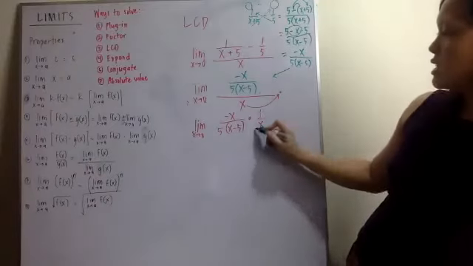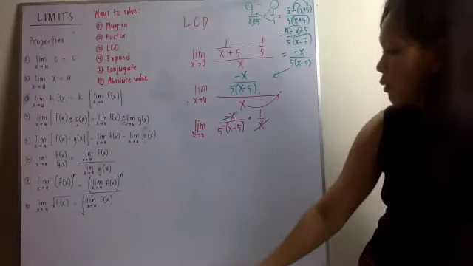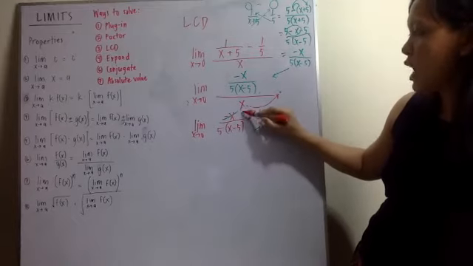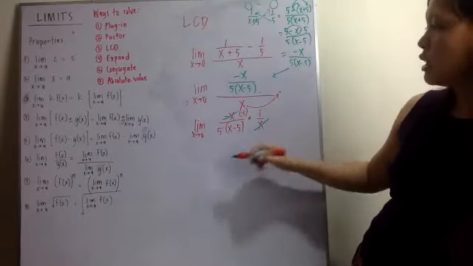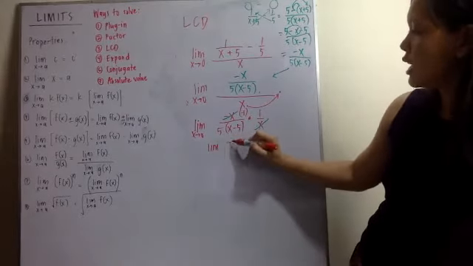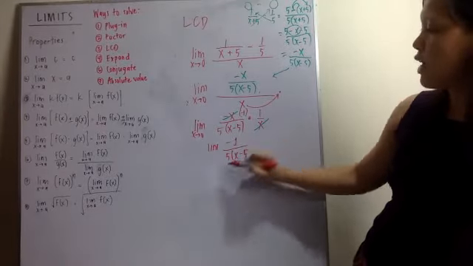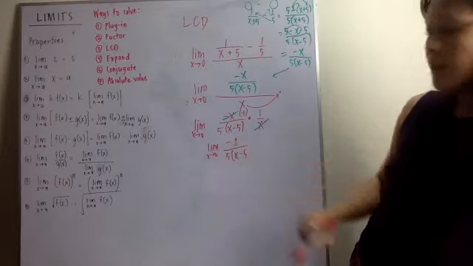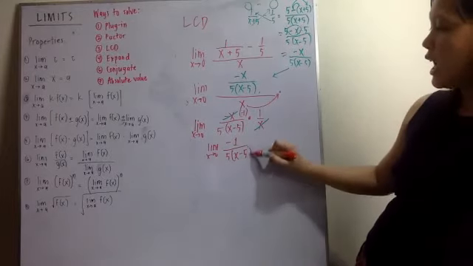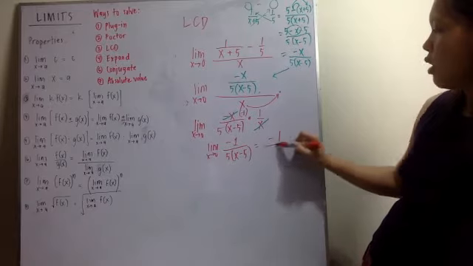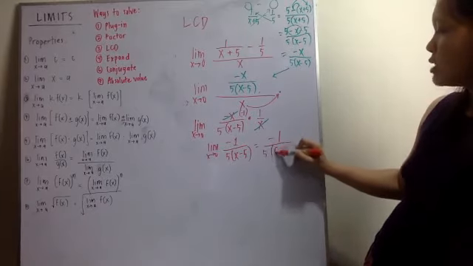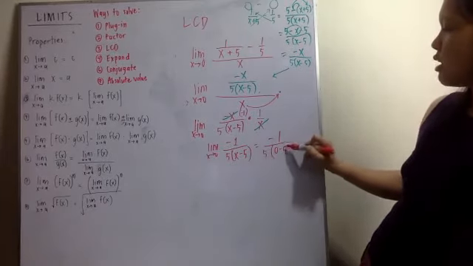Now, pwede natin i-cancel. Okay, may iwan tayo with negative dito. So, negative 1 times negative 1. So, negative 1 over 5 times x minus 5. Okay? So, ito, pa-plug in na natin. Negative 1 over 5 times 0 minus 5.